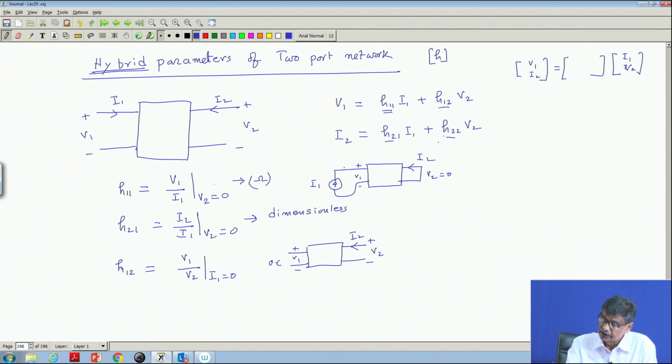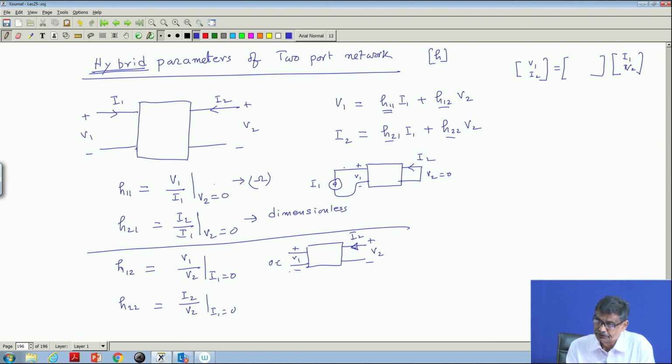And from this experimental setup, you can find out H 22 also. H 22 will be equal to I 2 by V 2 with I 1 equal to 0. That is from this experiment only. So, you measure this current I 2 and V 2 with I 1 equal to 0, open circuit.